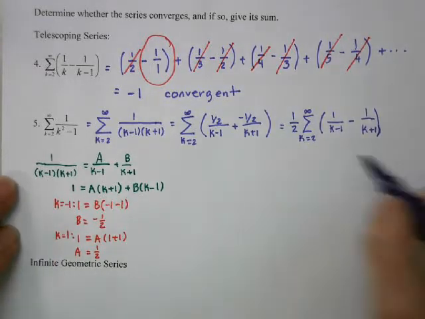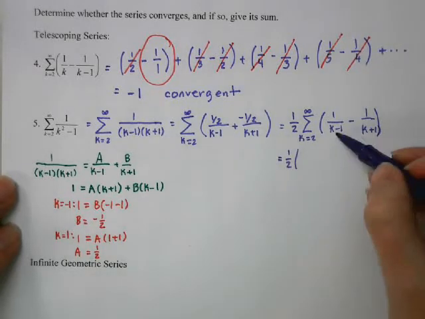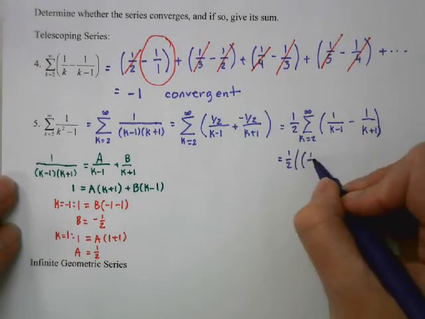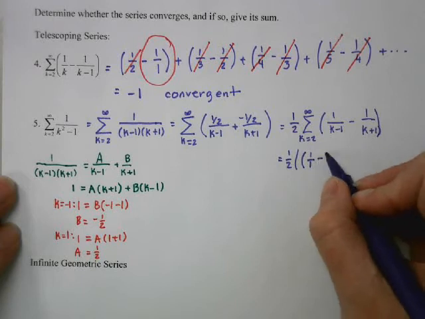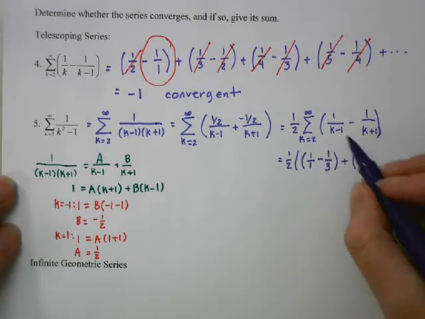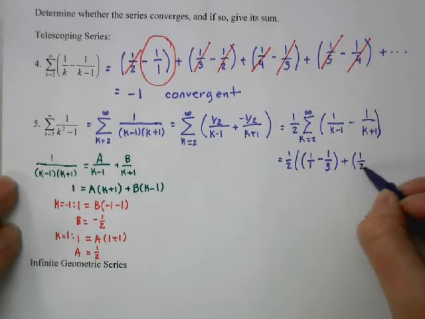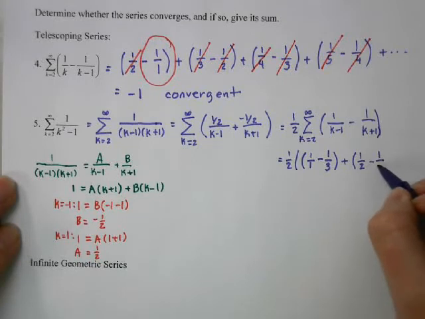And then evaluate. So we're going to plug in our values starting at 2. So we're going to have 1/2 times, if I plug in 2, I'm going to have 1 over 1 minus 1 over 3. Plug in 3. We're going to have 1 over 2 minus 1 over 4.